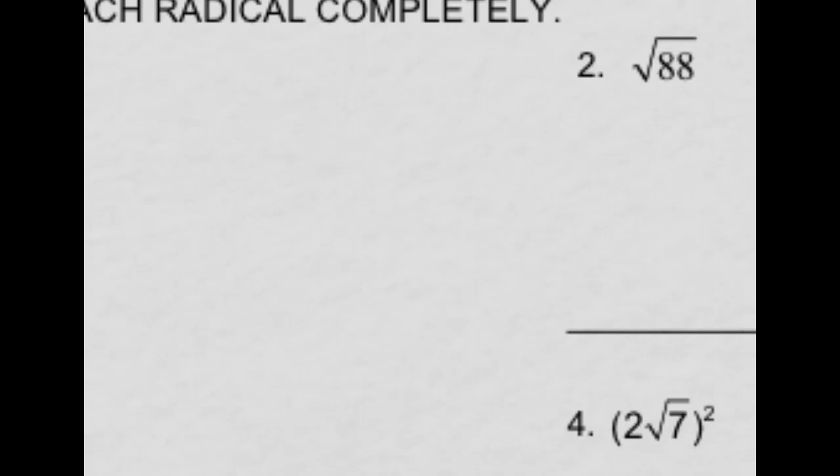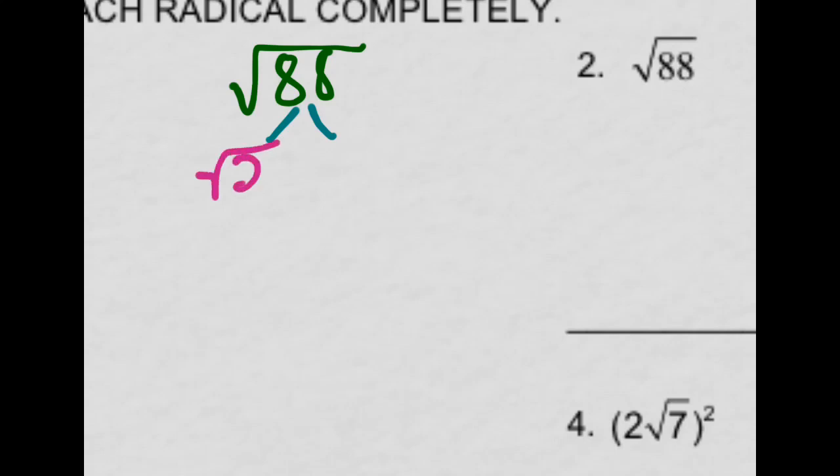Okay, so we started off with the square root of 88, and we're going to factor that down, and we're going to try to come up with all our dead ends. I've got the square root of 2, or radical 2, times radical 44. I know I can factor that more.